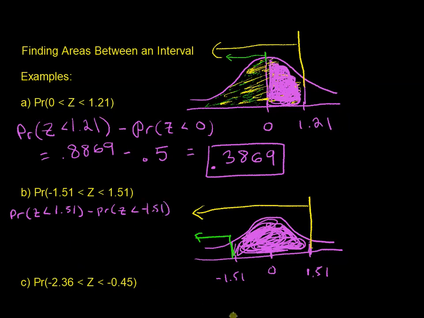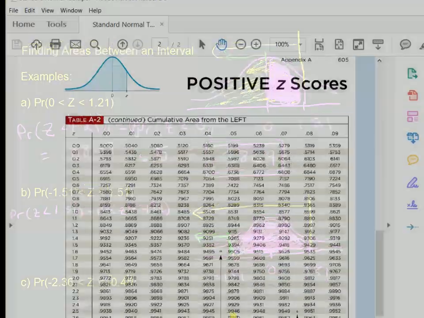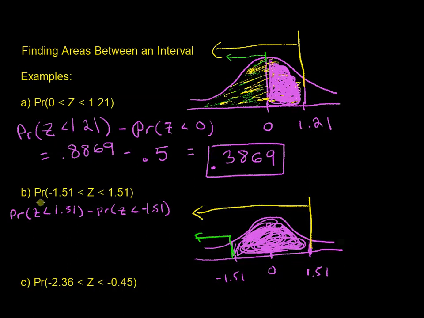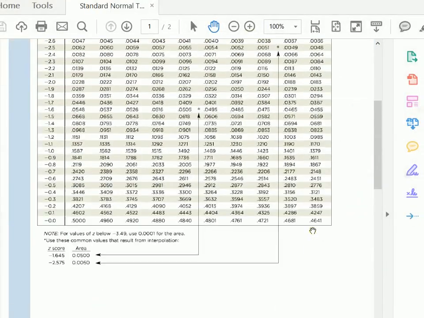All right, so let's look up my table. Let's look up these two numbers. 1.51, there it is, 1.5, and then 1, 0.9345. Okay, 0.9345. And then subtract off the probability that z is less than negative 1.51. So let's look up negative 1.51. Okay, go to the table.